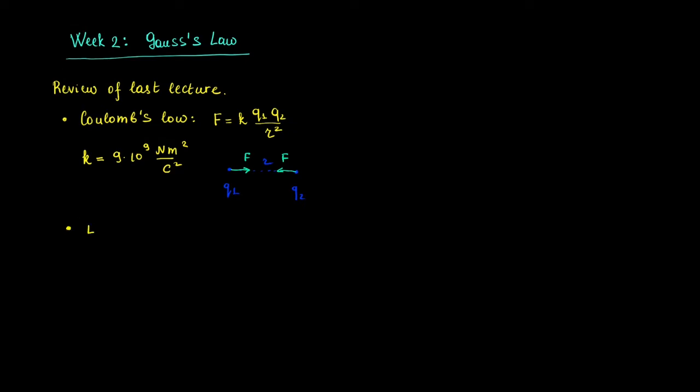To define electric field strength at some point, we have to insert a test particle at that point. For example, if there is some electric field, to find the magnitude of the electric field at this point, we had to insert some test particle.